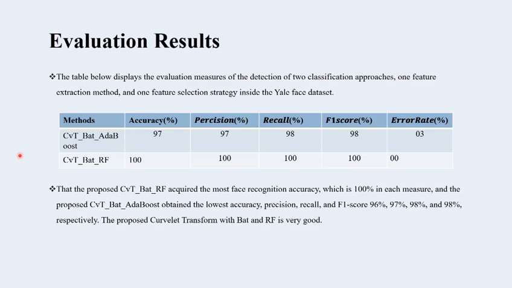In proposed 2, curvelet transform with path optimization but with random forest, every evaluation measure is 100, so the error rate is 0.